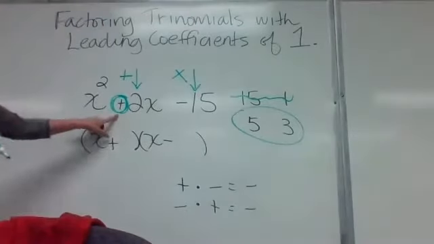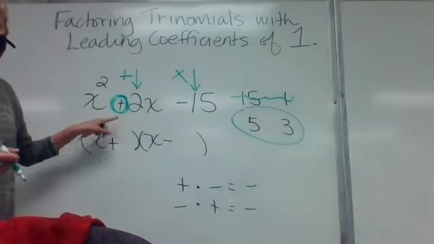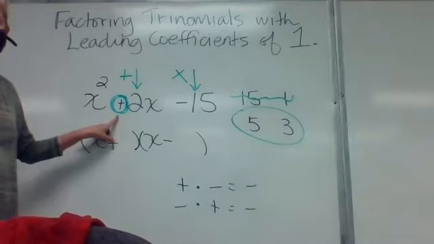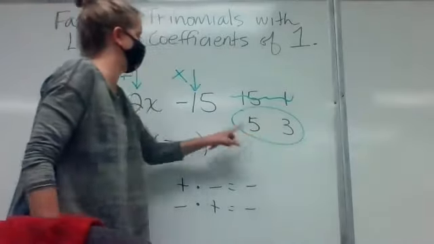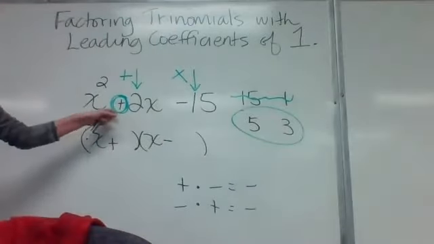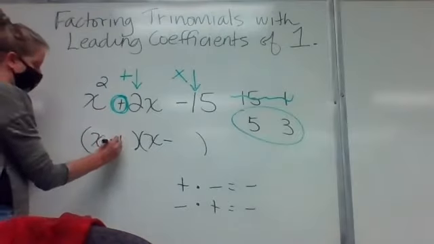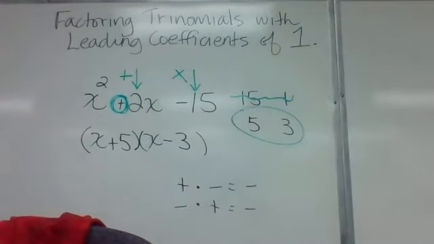I need more positives than I do negatives if I'm going to add the two numbers together and end up on the positive side. So who of these two numbers needs to go with the positive? Who's the big number? 5. So 5 goes with positive, 3 goes with negative. Then you can do a quick check.